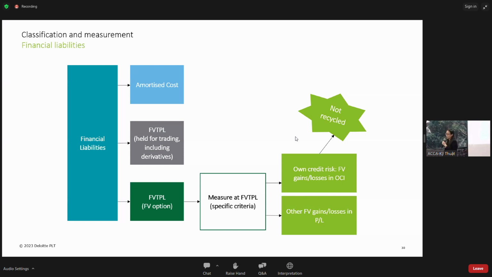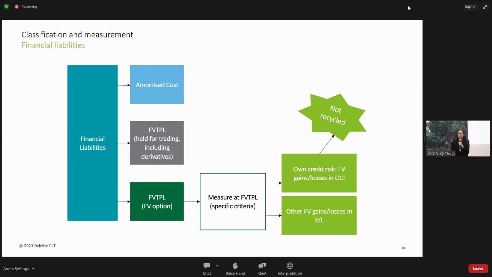Okay, so yesterday someone asked about the relationship between the credit risk and the fair value, right? So credit risk means the ability to settle. So if I have an increased risk of ability to pay my loan, the fair value will become lower. That means your liability becomes lower. It's a gain, right?